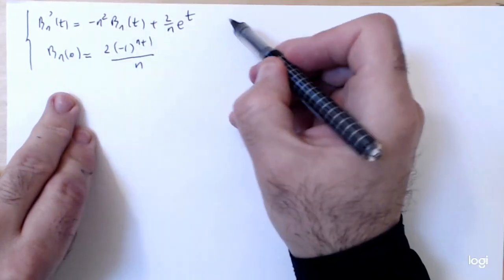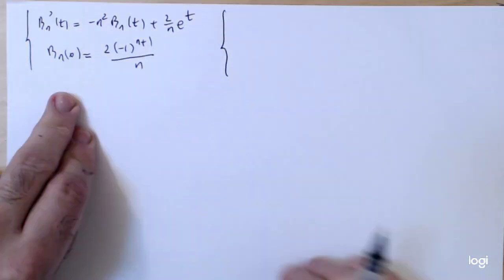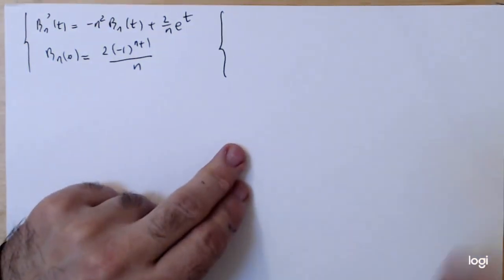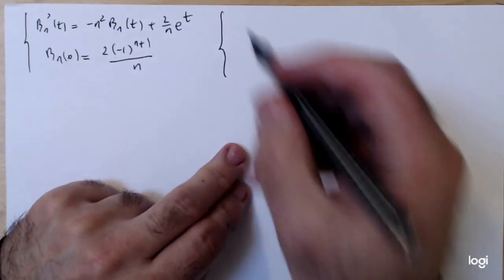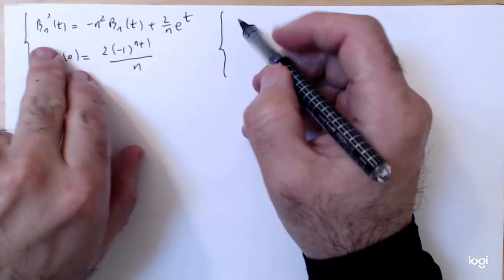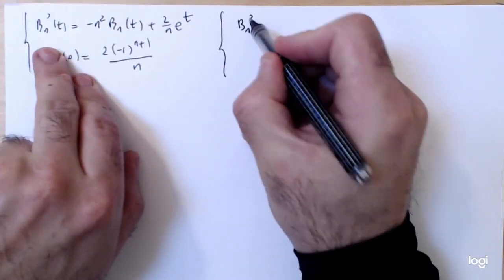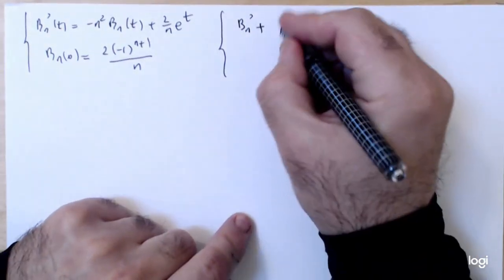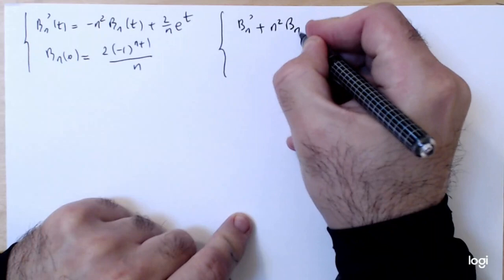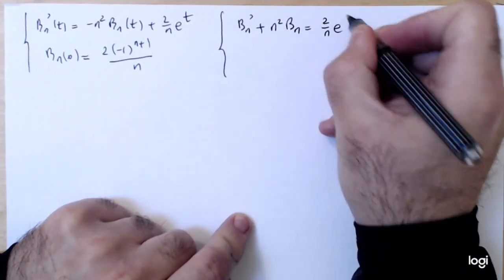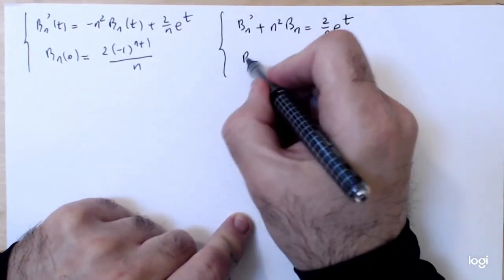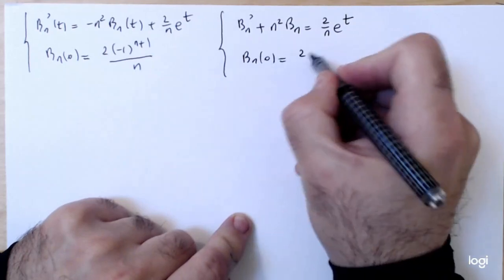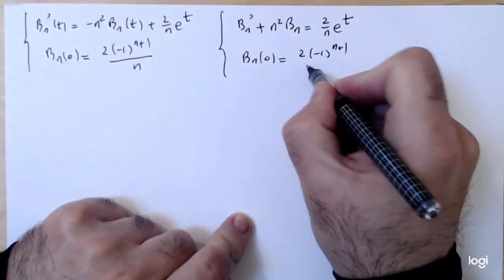And because it's a linear ODE, let's write it in the standard form, which is suitable for the formula that I gave you in the first part of the lecture. So in the standard form, Bn prime, so the Bn, the dependent variable, should be on the left side, plus n squared Bn equals 2 over n e to the t, and Bn of 0 equals 2 times minus 1 to the n plus 1 over n.